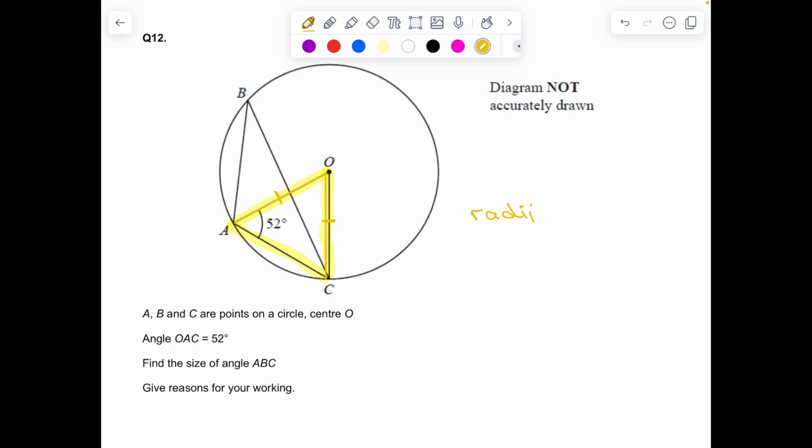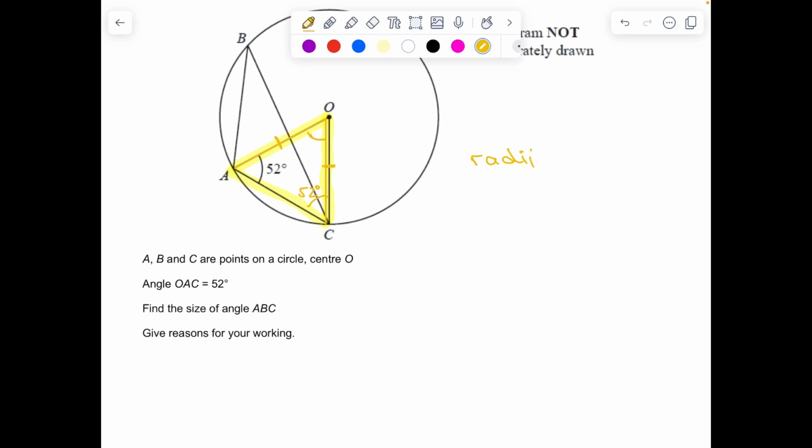So it's an isosceles, which means that this angle here must be 52 as well. Okay, so these two angles at the base are both 52. So to find out this angle here, we're going to put reasons as we go along.